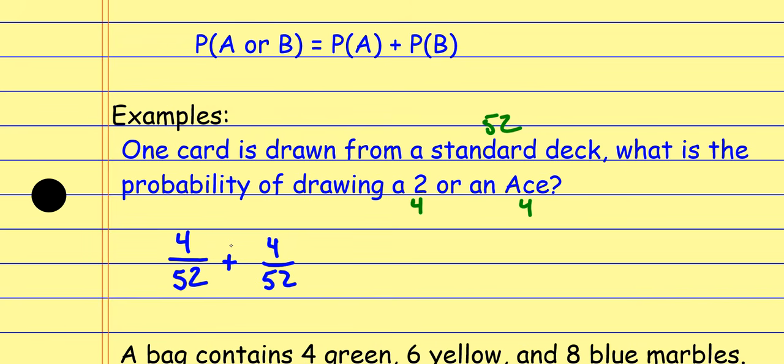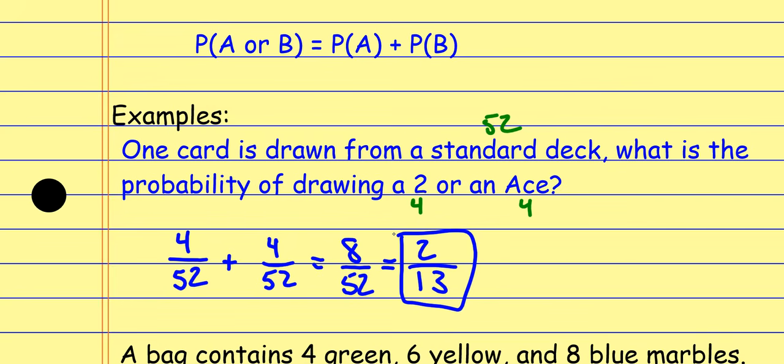Don't mess up your common denominators. I already have a common denominator, so I add the numerators, and the denominator stays the same. Now let's reduce that fraction. They're each divisible by 4, so that's 2 over 13. Make sure you reduce the fraction at the end. But that's it. Or, we take each probability and we add them.